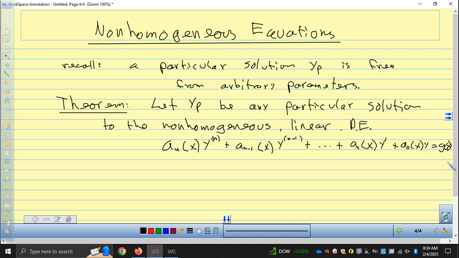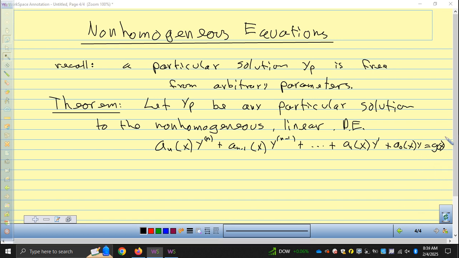This g of x here on the right-hand side is what makes this equation non-homogeneous. A homogeneous equation equals 0. So y sub p is a particular solution for this non-homogeneous equation on an interval.